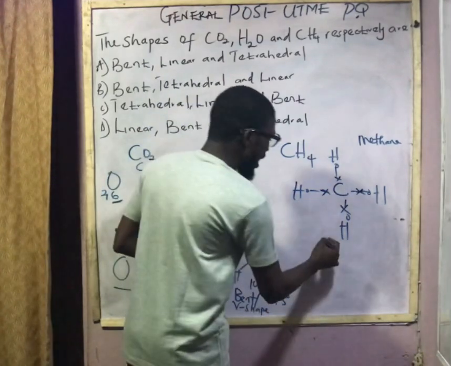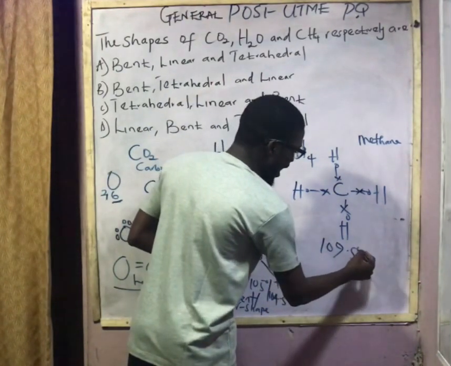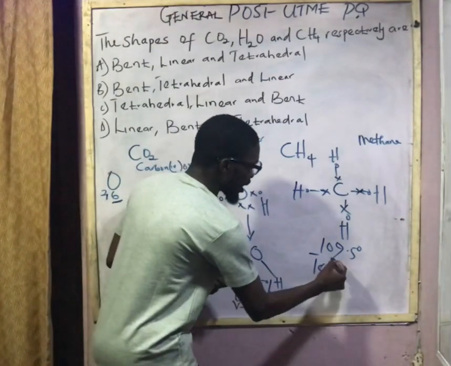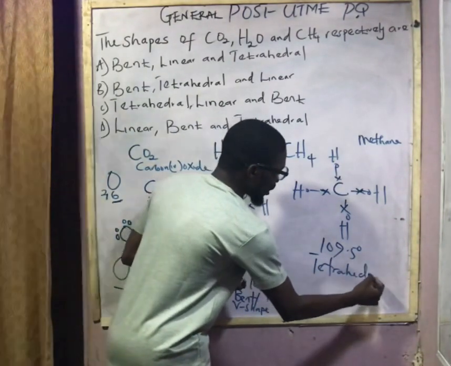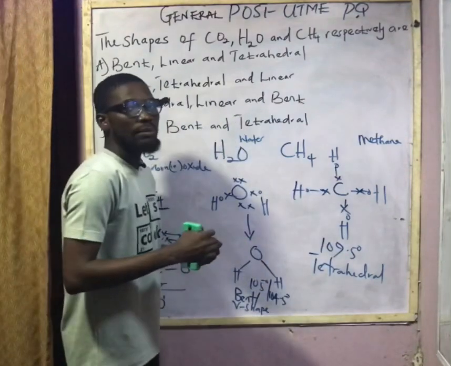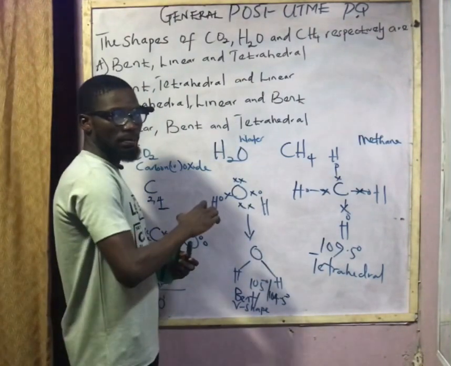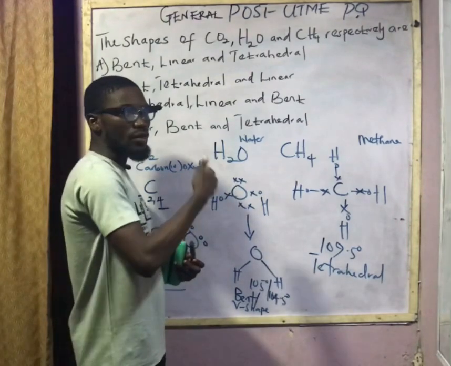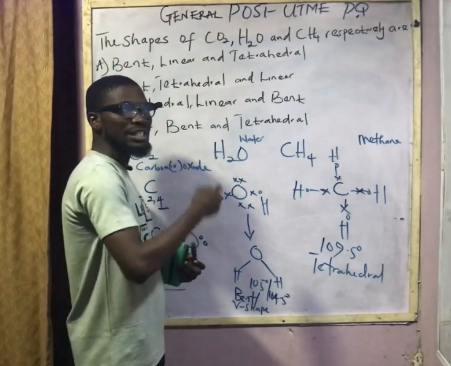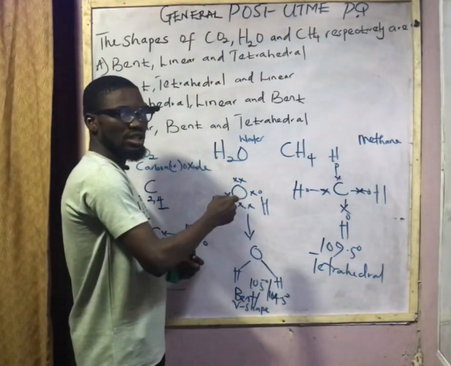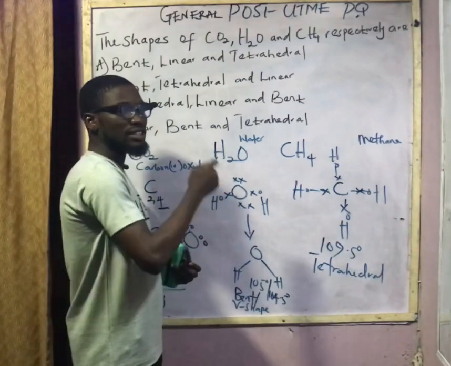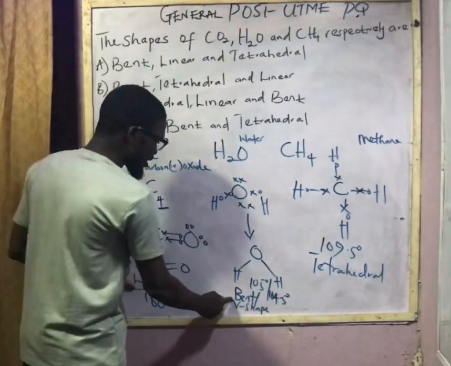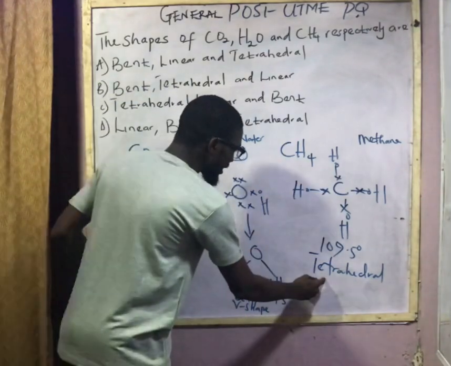So with that, we have 109.5 degrees, and this represents our tetrahedral. So guys, I'm not showing you only the name of the shape of each compound given to you, I'm also showing you the bond angle of each compound. So the first one is linear, the second one is bent, and the last one is tetrahedral.